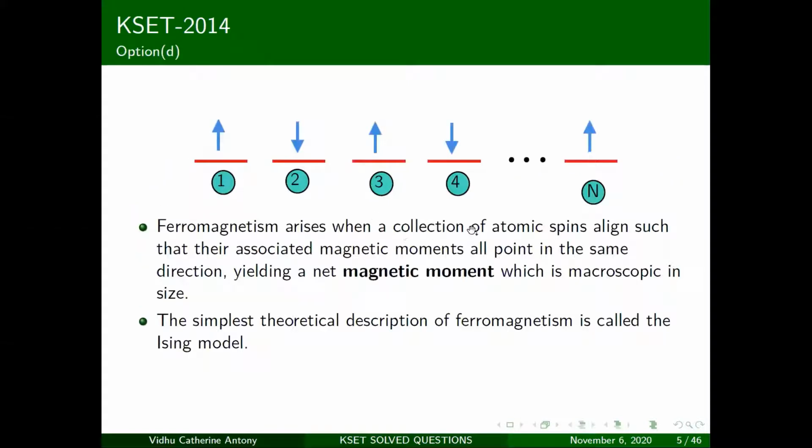Now here, what they say is that ferromagnetism arises when a collection of atomic spins align. So there's alignment. I will be discussing a little more on ferromagnetism today. Magnetism arises when a collection of atomic spins aligns such that their associated magnetic moments all point in the same direction.